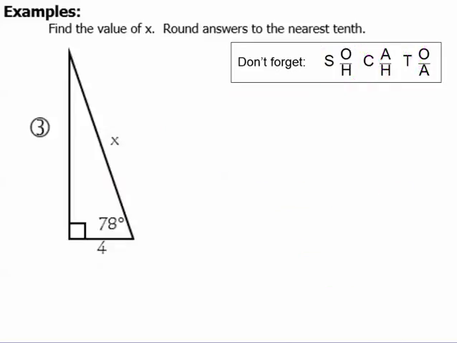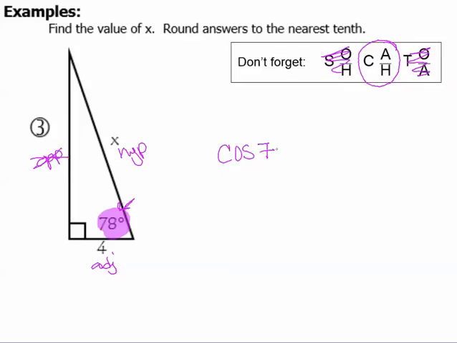Last example. I'm going to start by picking my angle, then I'm going to label my opposite, my hypotenuse, and my adjacent. This time my opposite has nothing by it, so I get rid of my opposites and I'm left with cosine. Cosine of what? What angle did I pick? I picked 78 equals 4 over x.